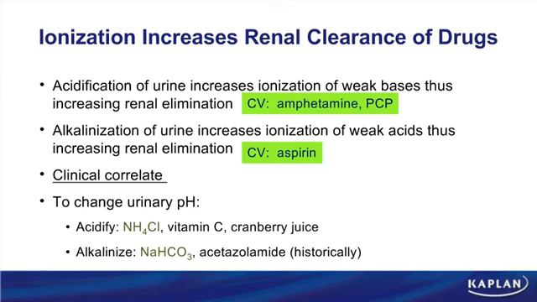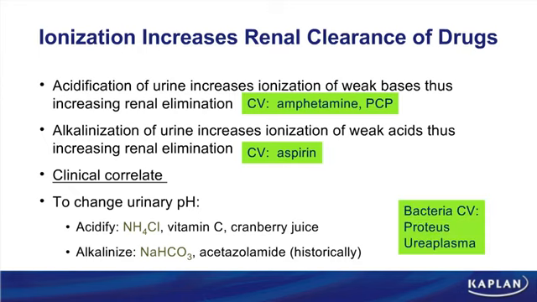If you look in the bottom right corner of my slide, here's what I call a bacterial clinical vignette. It really doesn't have anything specifically to do with drug overdose. What it's got to do with is the fact that certain bacteria can change the pH of the urine. You've learned this in micro, that organisms like Proteus and Ureaplasma can alkalinize the urine.